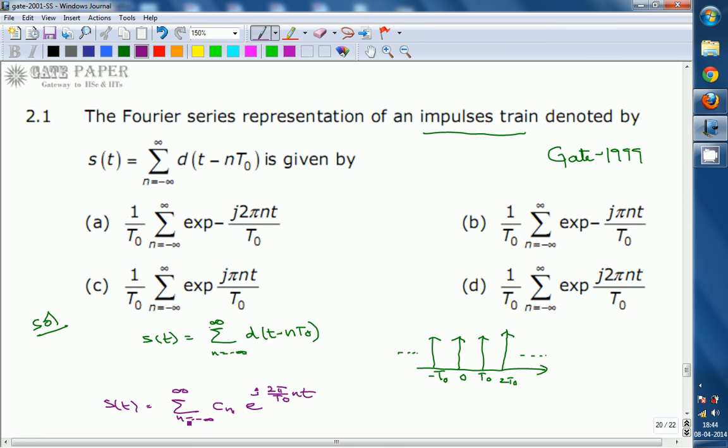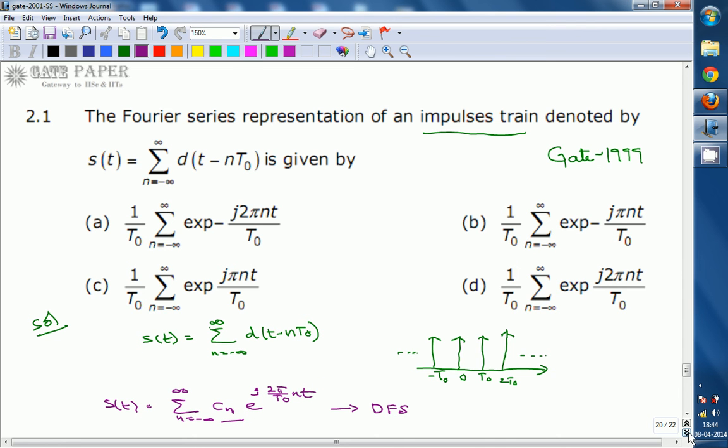Here T naught is nothing but the period. So this is the discrete Fourier series representation. Now we need to find this constant Cn.